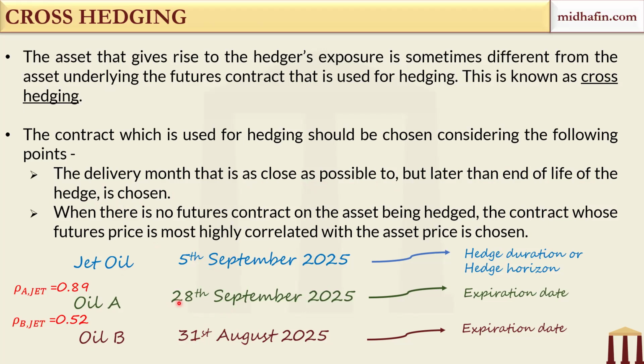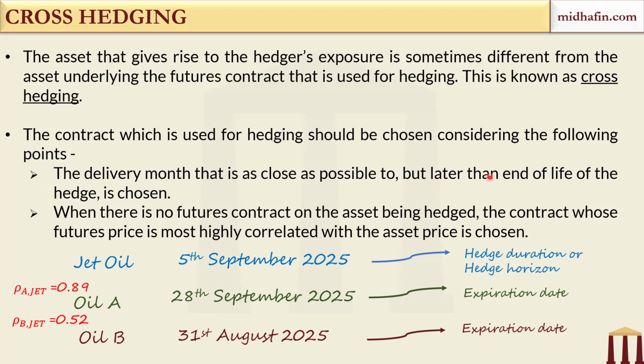But the problem is that 31st is not later than 5th of September. So even though 31st August is actually closer, you will not use this contract and you will use this contract because it has to be later than the end of the life of the hedge. That is almost certain.